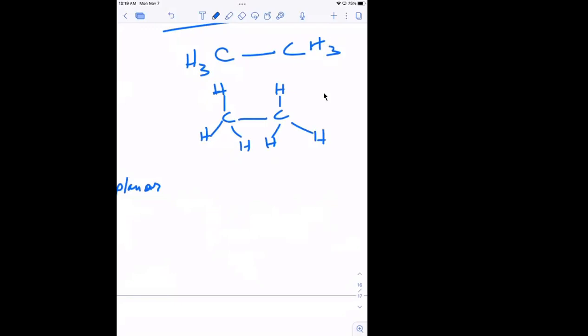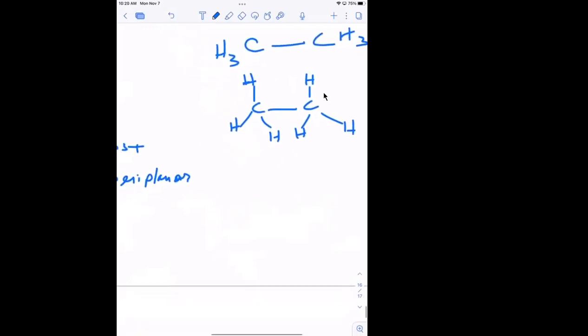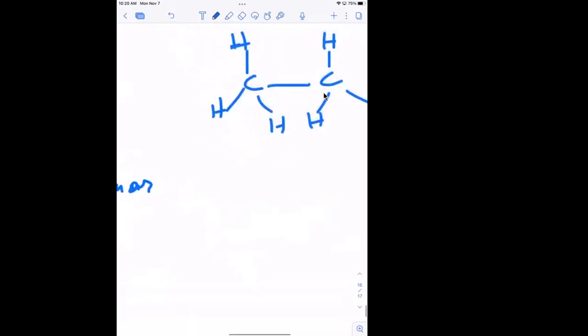All right, I can depict this carbon-carbon bond as what we call a Newman projection. And what I would basically be doing is looking down the bond right here. This is my eye, and I'm looking down the bond. So I'm looking down that bond.